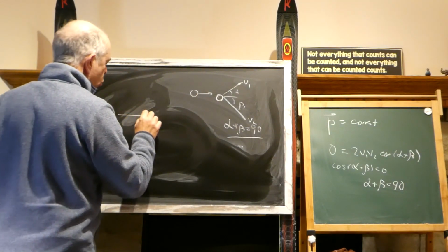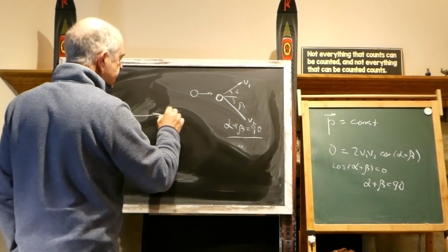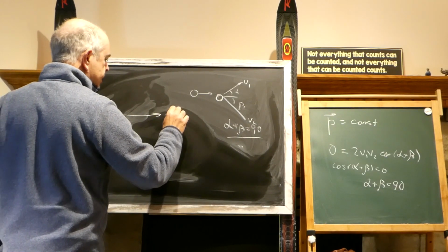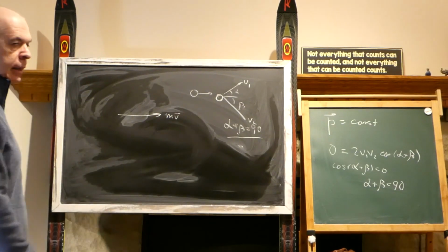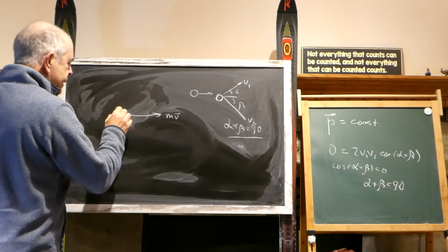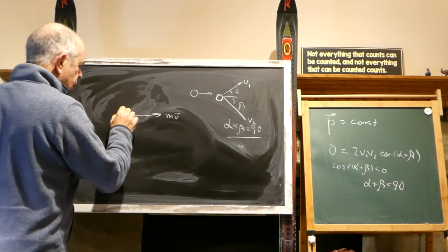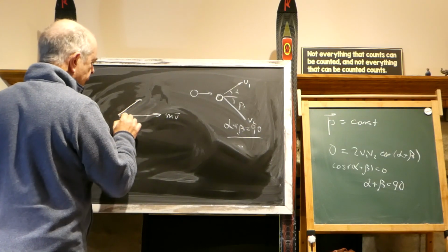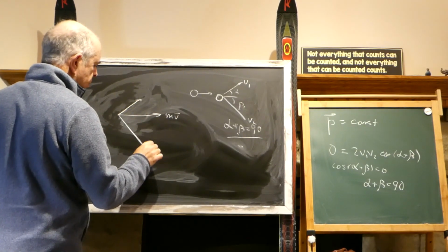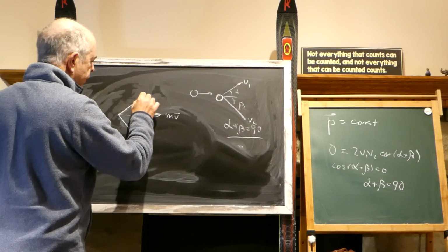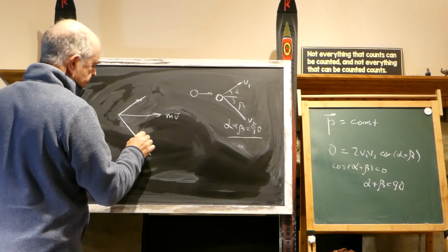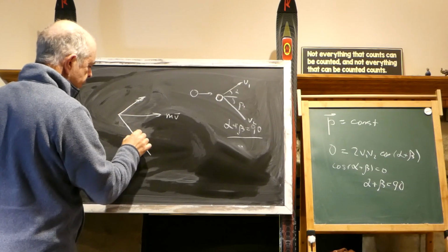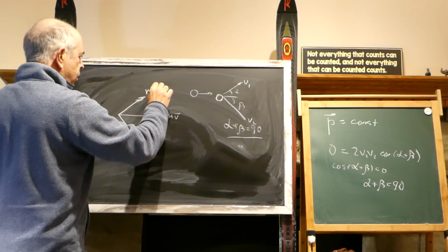So let me draw this. This is the initial impulse, the initial momentum, and this is mv, right? And then this ball travels under this angle, and another ball travels under this angle, right? And so they travel in such a way that if I add this, this would be mv1.